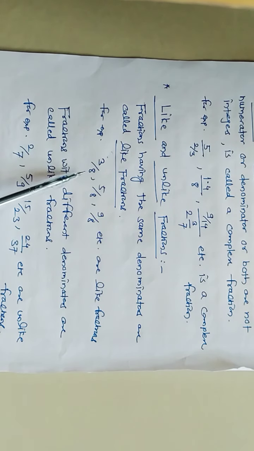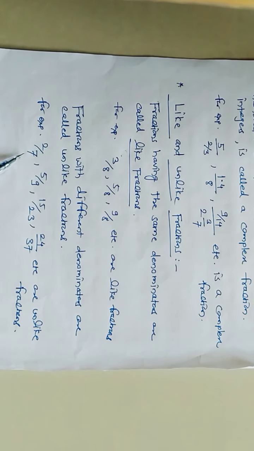See here the denominators are the same, so all these fractions are like fractions. Now you can see in this example 2/7, 5/9, 15/23, 24/37. See here all denominators are different, so these fractions are called unlike fractions.